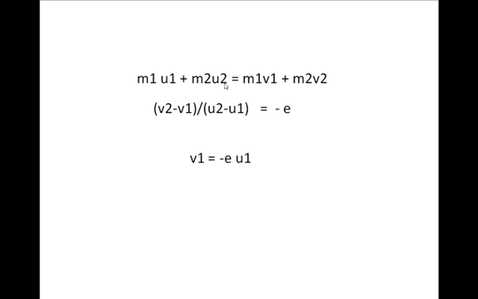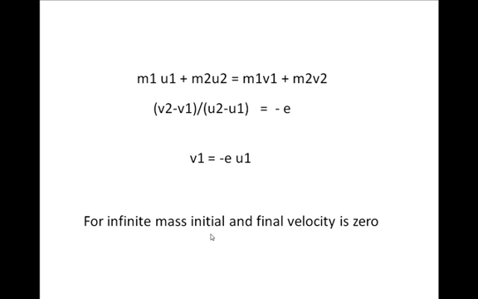Here we consider m2 as the infinite mass, and therefore the initial and final velocity of this infinite mass, before collision and after collision, both are zero, and therefore these two equations get reduced to this one single equation. This part we have discussed in earlier videos. So for solving a problem, we have now only one equation.